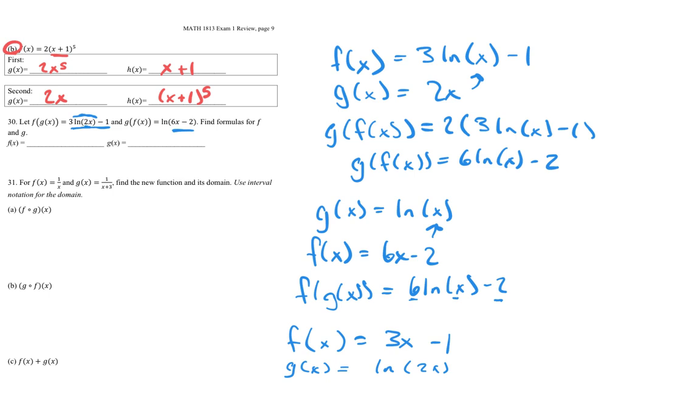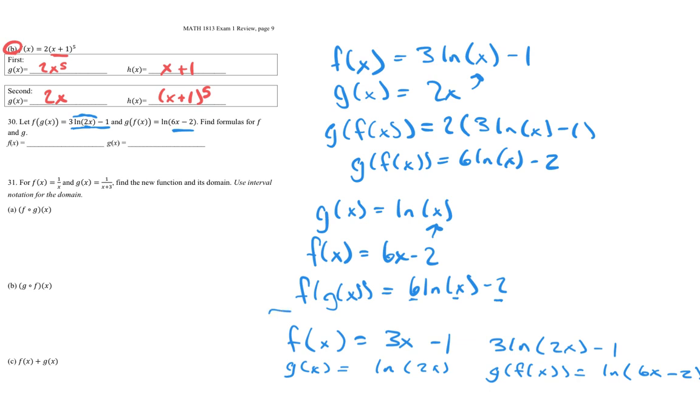We can see that if we do f of g of x, that lines up where we get 3 natural log of 2x minus 1, so that's right. And then for g of f of x, we're plugging in f of x wherever we see x in g, and we get natural log of 6x minus 2, which is what we were searching for.